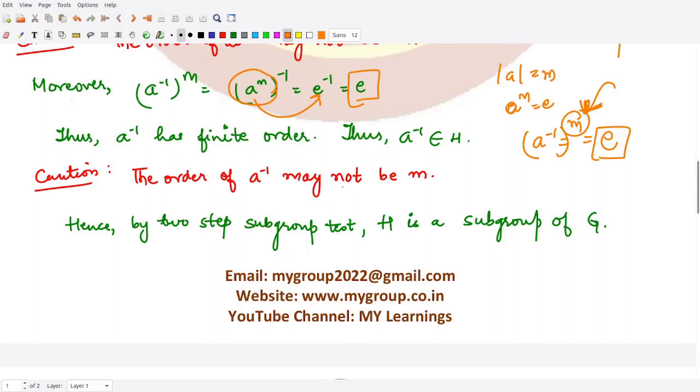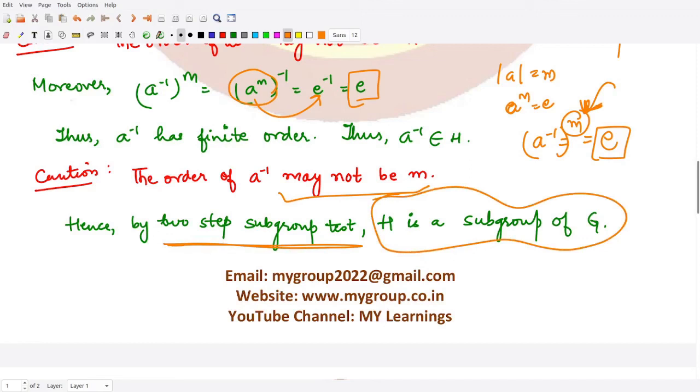We may not call m surely the order here, because we are not sure it is the smallest integer. But we are sure that the order is finite. If A inverse has finite order, then A inverse is a member of the given set H. So by the two-step subgroup test, H is a subgroup of the group G. And this is what we wanted to prove in this example.